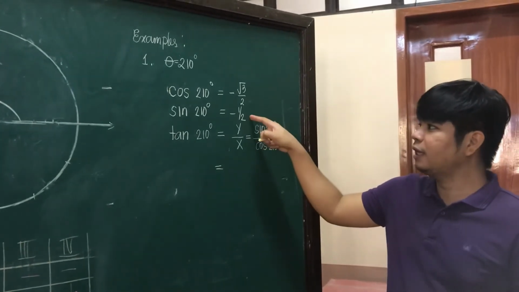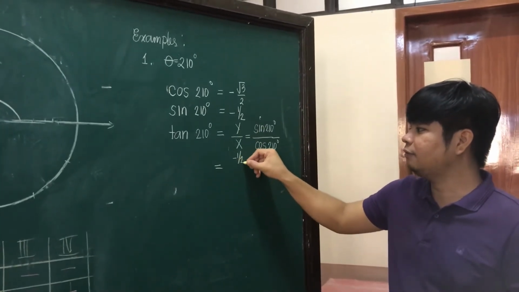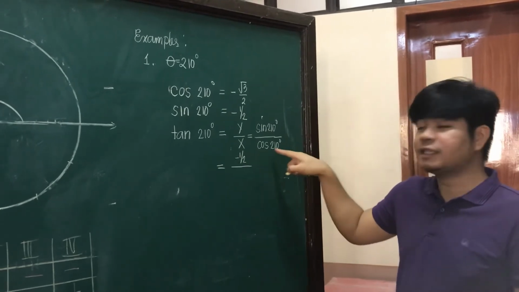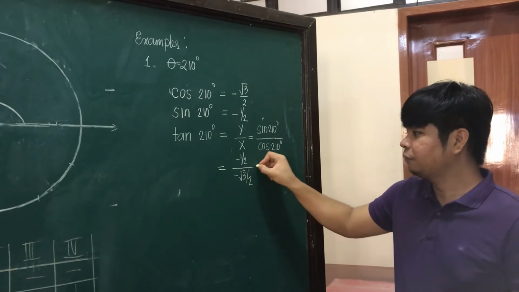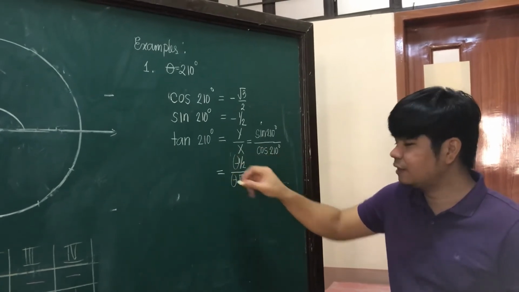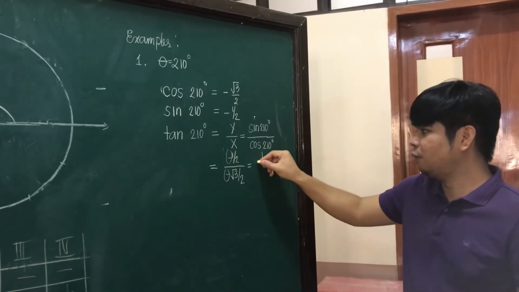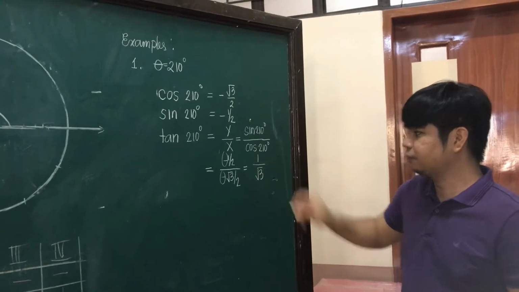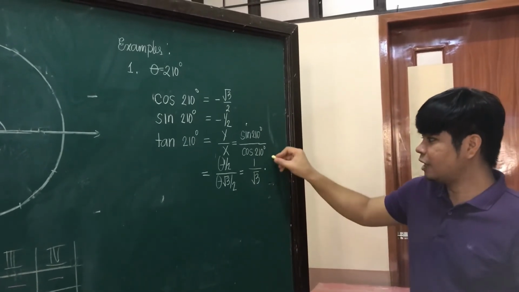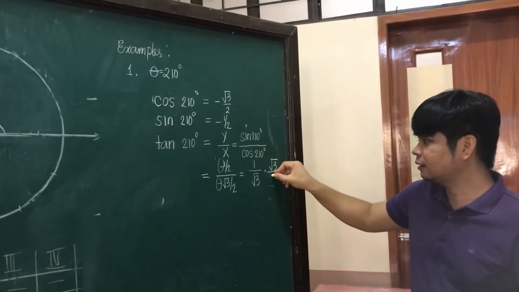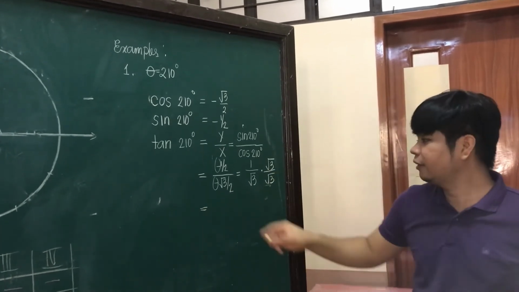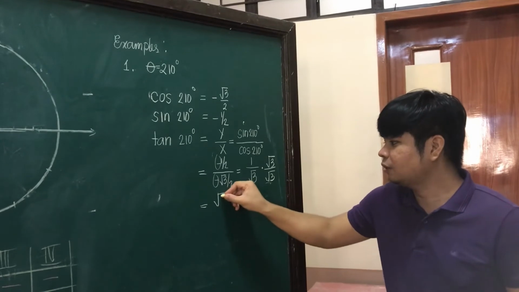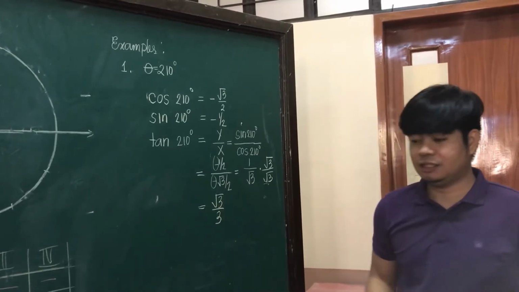Substituting sine 210 degrees, which is negative 1/2, and cosine 210 degrees, which is negative square root of 3 over 2, negative and negative will give us positive, so we have 1 over square root of 3. Rationalize that. So tangent 210 degrees is square root of 3 over 3, and that is positive.